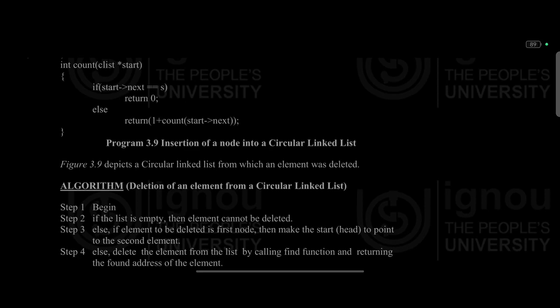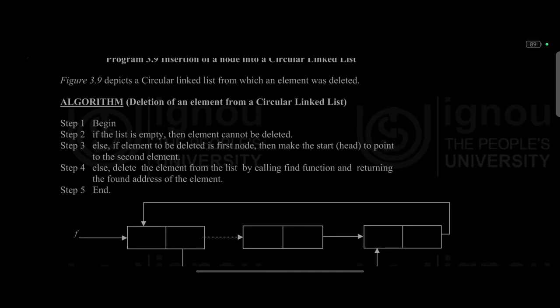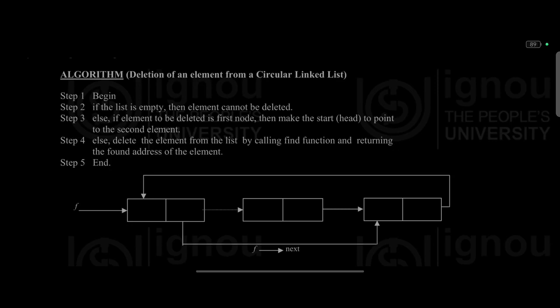Deletion of a node from a circular linked list. Figure 3.9 depicts a circular linked list from which an element was deleted. Algorithm: deletion of an element from a circular linked list. Step 1: begin. Step 2: if the list is empty, then the element cannot be deleted. Step 3: else if the element to be deleted is the first node, then make the start (head) point to the second element.